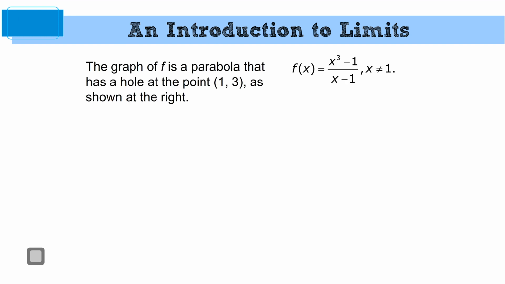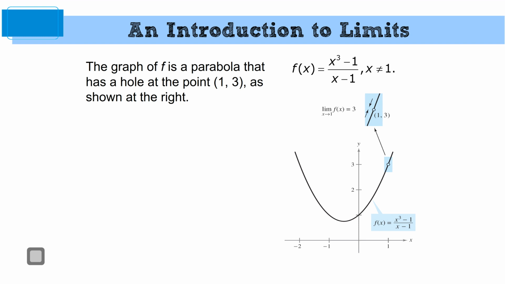Okay, so let's try this guy. We got a parabola with a hole at 1, 3, as shown at the right. There's the graph. Before we get into this, let's take a look at the limit at -1.